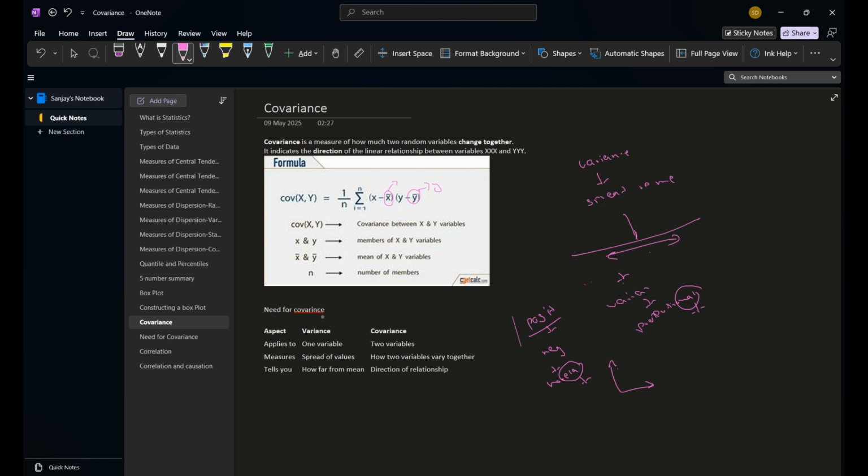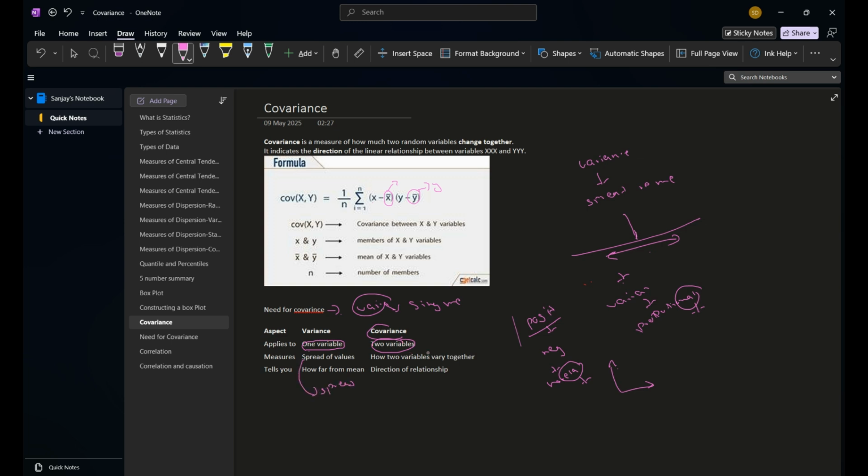So the question that comes here is, what was the need of covariance when variance exists? Variance is only a single axis metric, meaning it applies to only one variable, whereas covariance applies to two variables. Variance tells only the spread of the values.